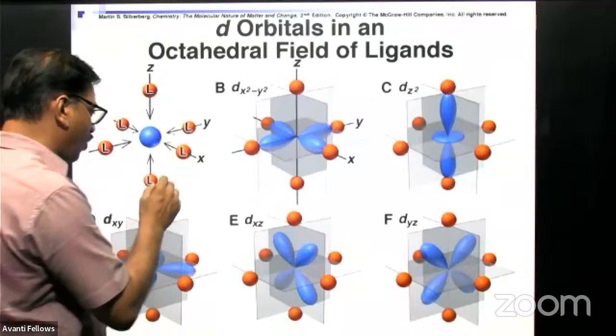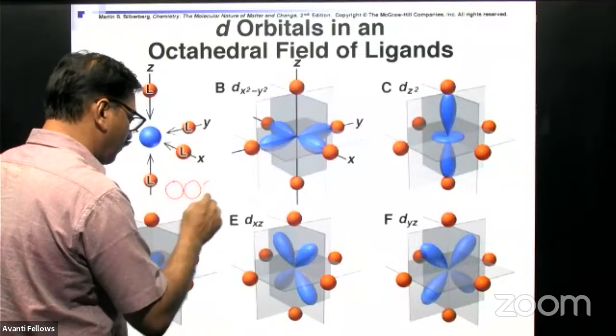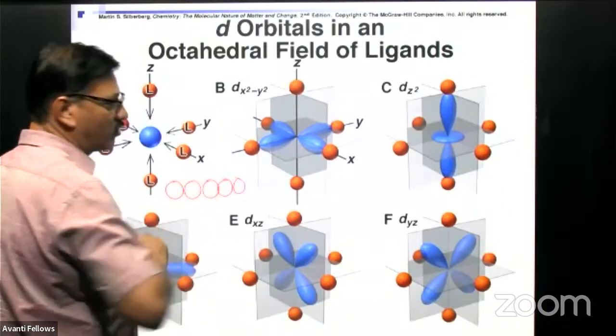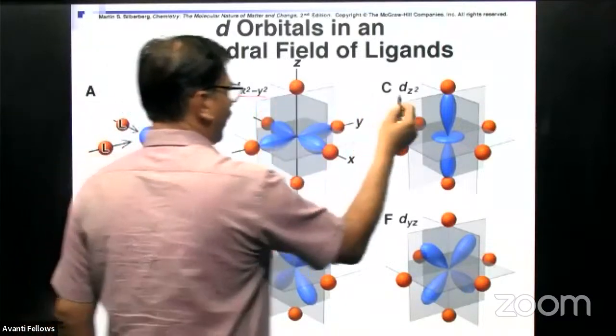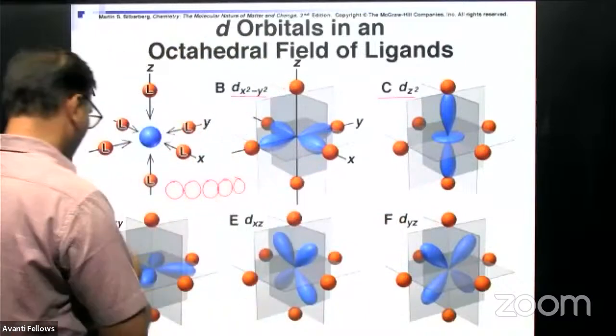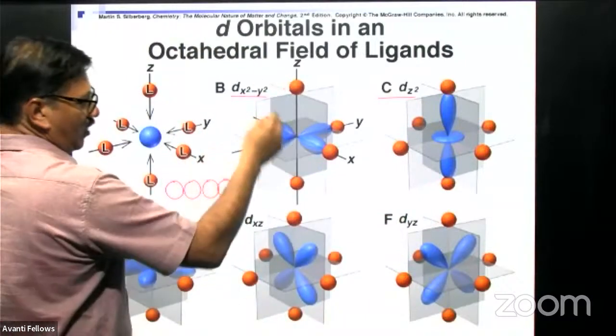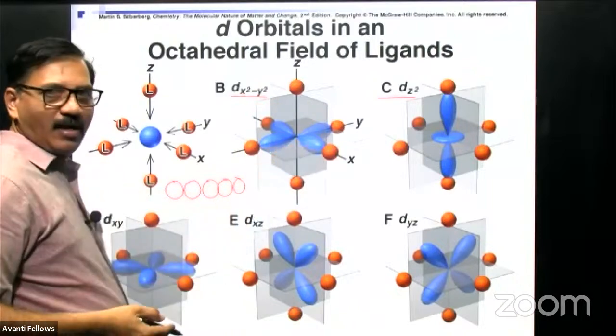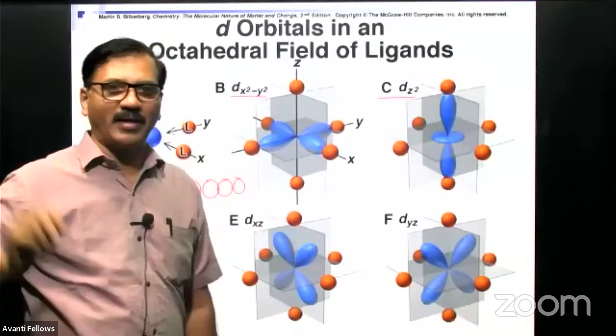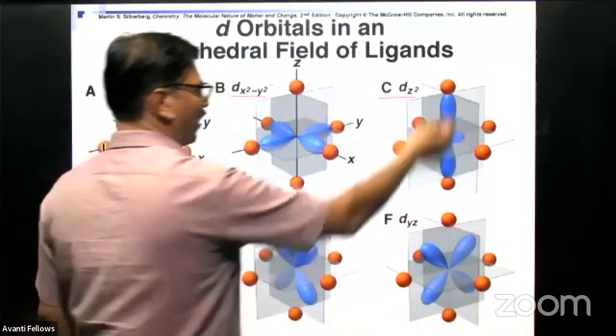There are 5 degenerate d orbitals, with 5 kinds of orientation along the planes. One is dx square minus y square, and dz square, and these are on the axis. You can see these are the axes, and on that axis the electron movement is there, this one along the z axis.